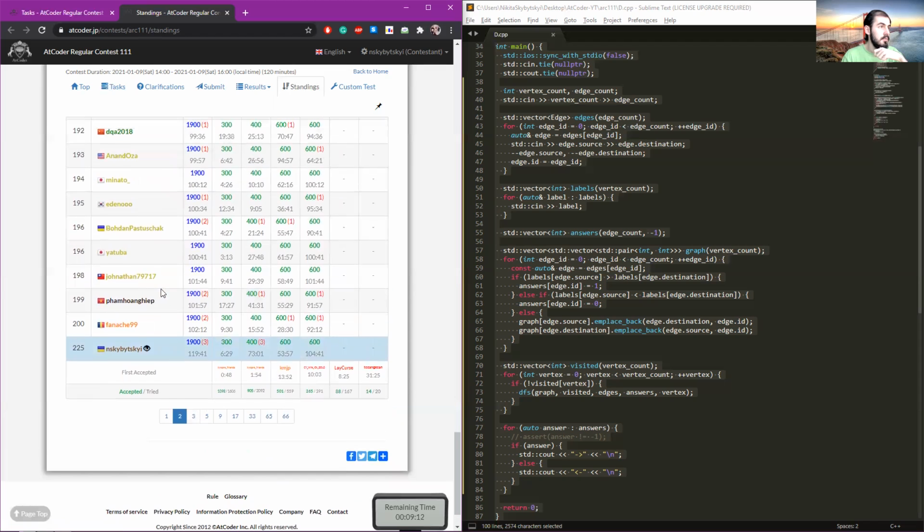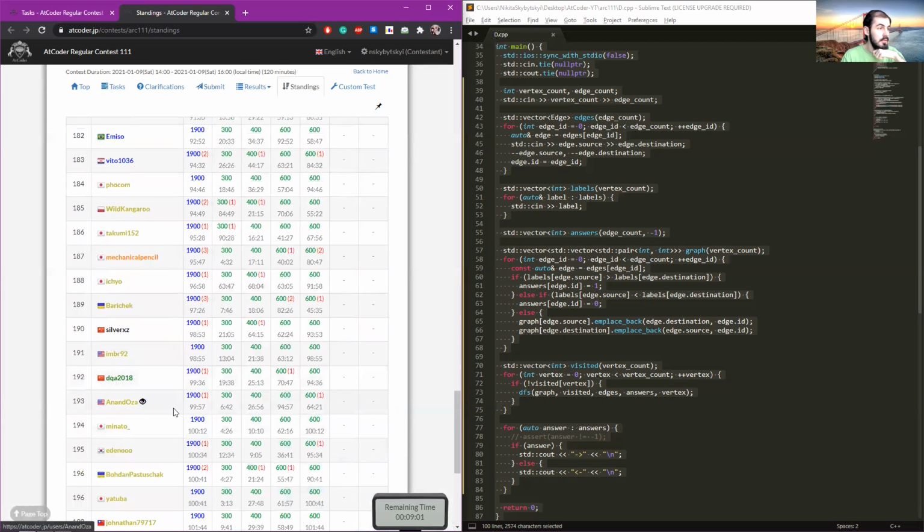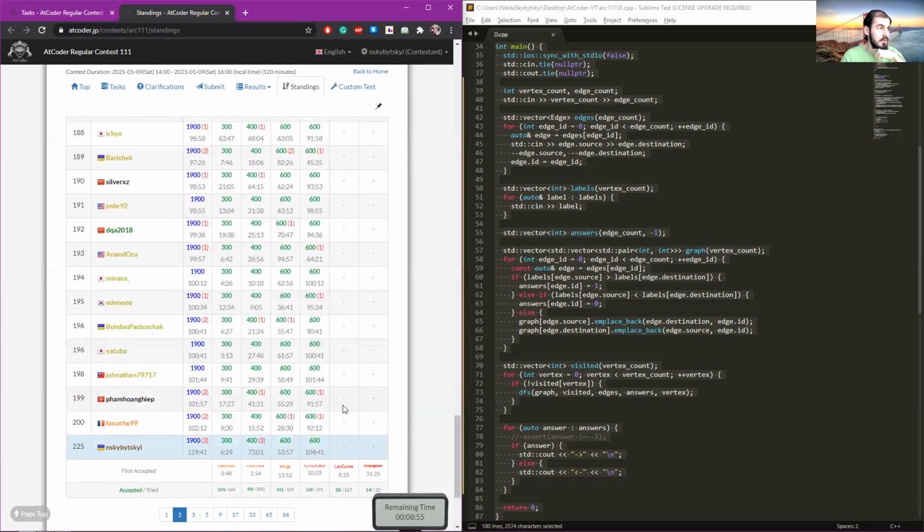I don't see many. Okay, Bohdan Pastushak, another familiar face. I believe he is an international master on Codeforces at the moment. Anand Daza. Okay, so Anand solved the same set of problems as we did, but a bit faster and with less wrong submissions. Interesting.